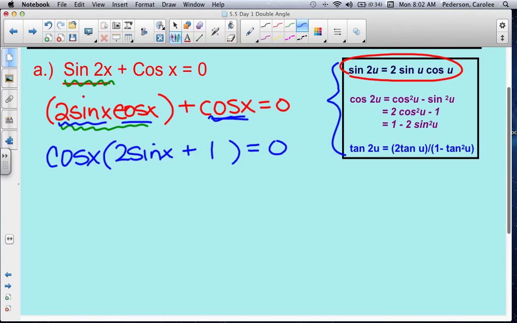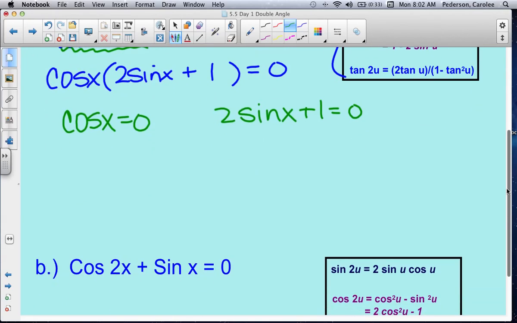Now we have it factored out, so we set each factor equal to 0 and solve for x. So we say the cosine of x equals 0, and 2 sine of x plus 1 equals 0. Now we solve them separately for x. In the first equation, the cosine of x equals 0.